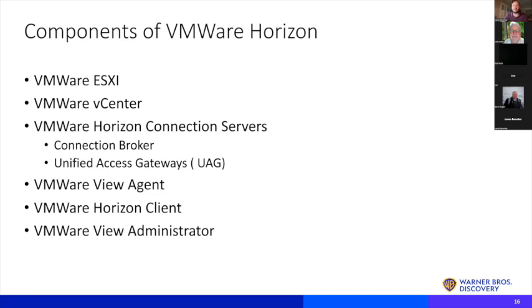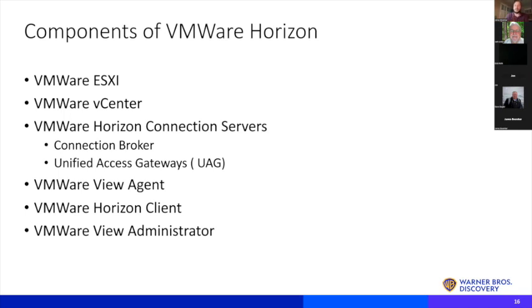And the unified access gateways sit on the DMZ. They tunnel external connections in, and they can also tunnel external or private connections inside the building. So if you have an air-gapped edit network for security reasons, you can get into those networks securely from anywhere in the building as well.